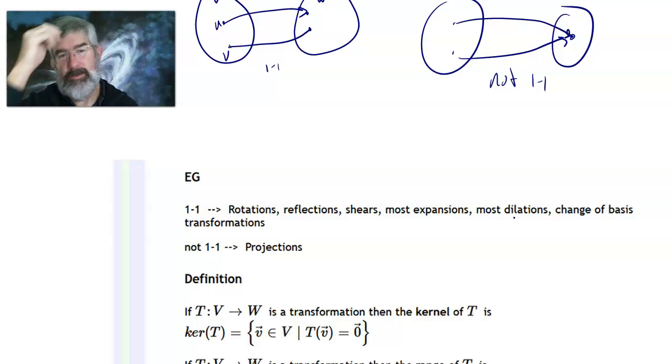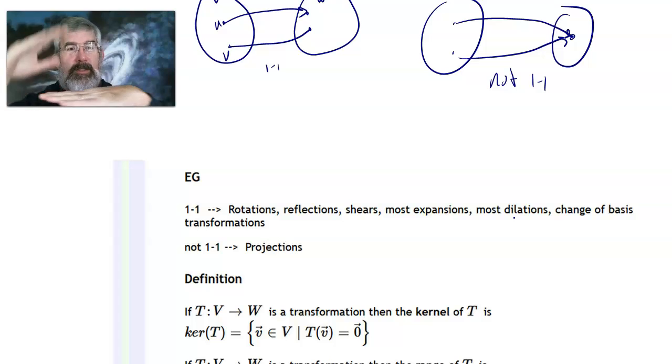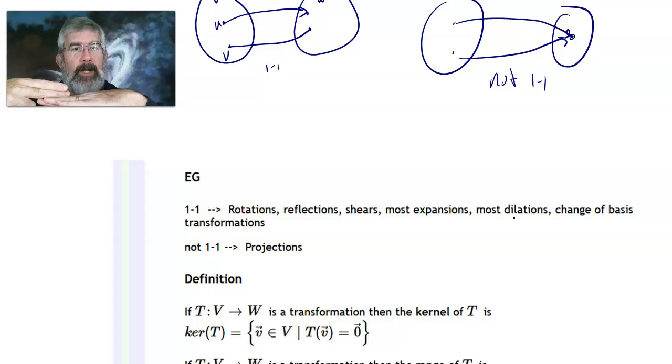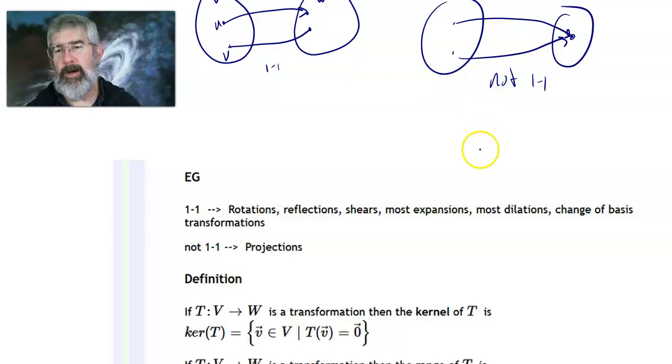Not one-to-one are the projections. Because if you're projecting down onto the x-axis, you might have 2 points that both go down to the same spot, right? They were in different places, but they end up with the same y-coordinate of 0. So projections are not one-to-one, but these other ones are, right? And again, by most here, that's as long as you're not multiplying by 0. k can be anything but 0.